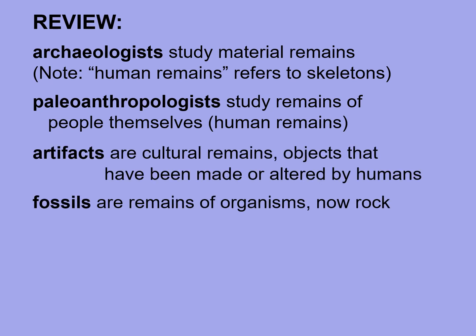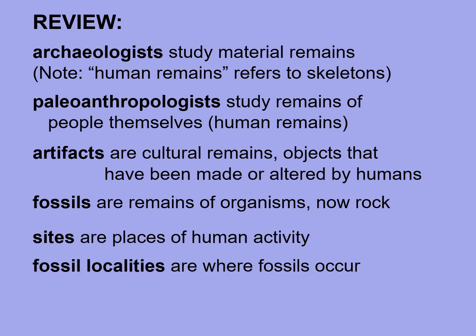Artifacts are cultural remains, objects that have been made or used or altered by humans. Whereas fossils are rocks that are the remains of organisms, so organisms like bone that have been replaced by rock. Sites are places of human activity. Fossil localities are where fossils occur.